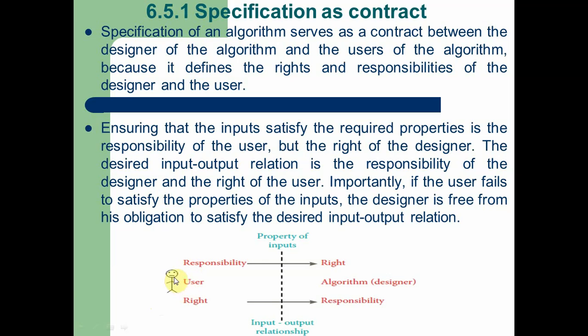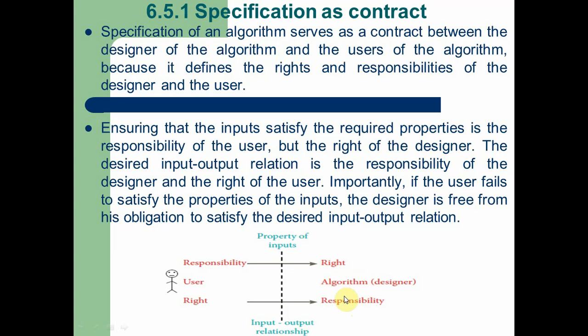So when any user or customer asks a programmer to write a program to solve his problem, then the inputs the programmer needs should be provided by the user. It is the responsibility of the user. Then getting the required input is the right of the programmer or algorithmer. Next, after getting the input, the programmer should produce the correct output or desired output required by the user.